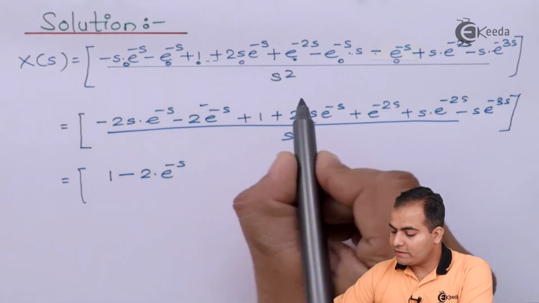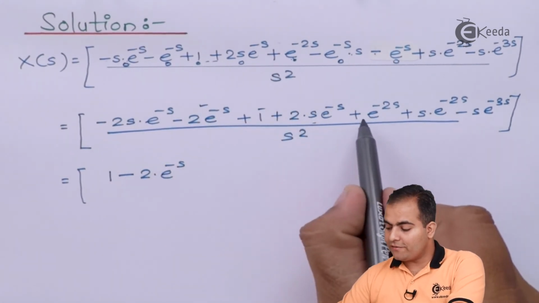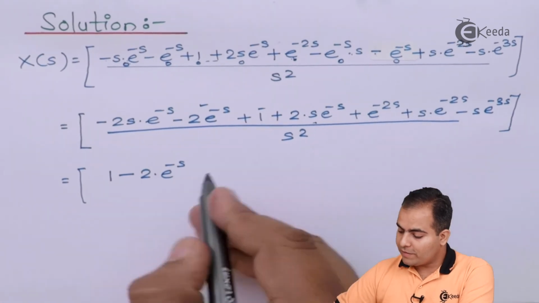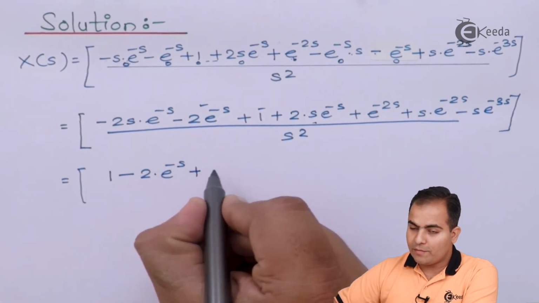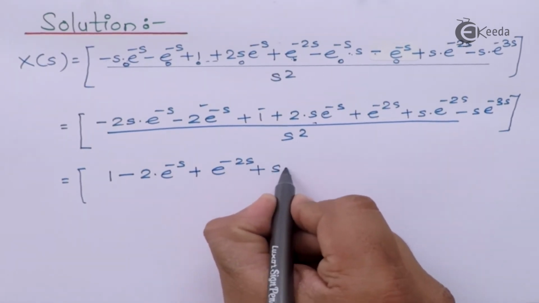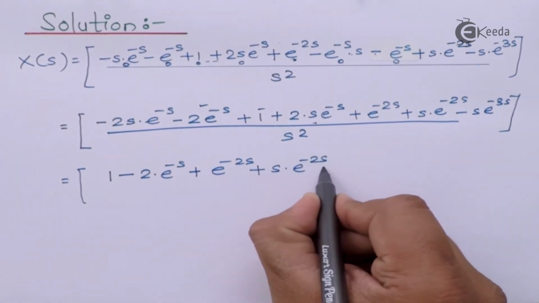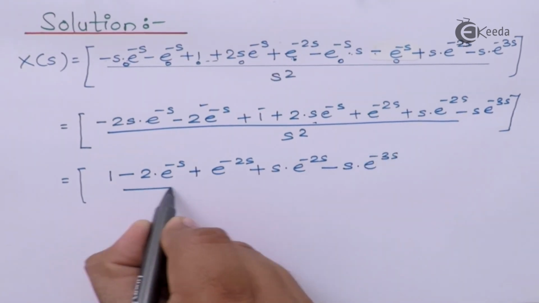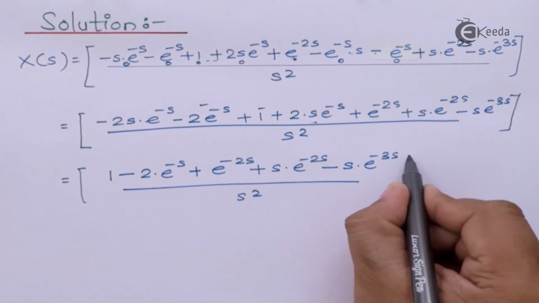Next, this part is done, this part is done. What is left? These two parts get cancelled actually. Now these three parts are remaining, so I'm going to write the remaining part as it is, e to the power minus 2s plus s e to the power minus 2s minus s e to the power minus 3s and whole divided by s square.